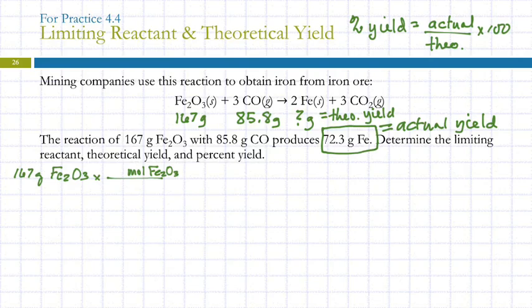So to moles of that, and then I'm going to go to moles of the other thing, and then I'm going to go to grams of my product. Grams to moles to moles to grams. Dimensional analysis, I'm just putting the previous unit in the denominator so those cancel out.